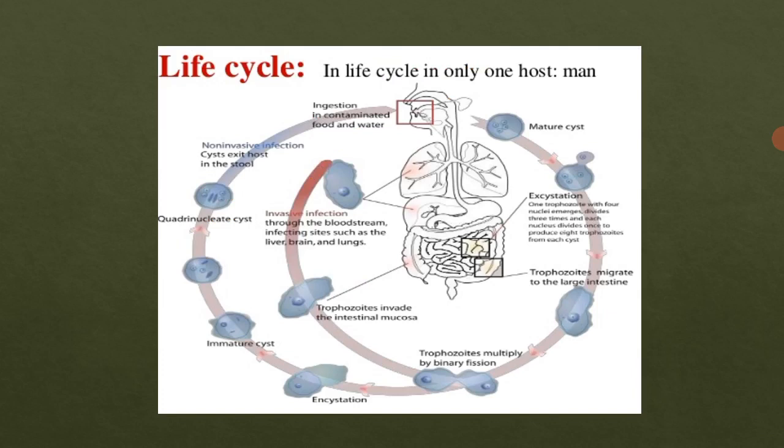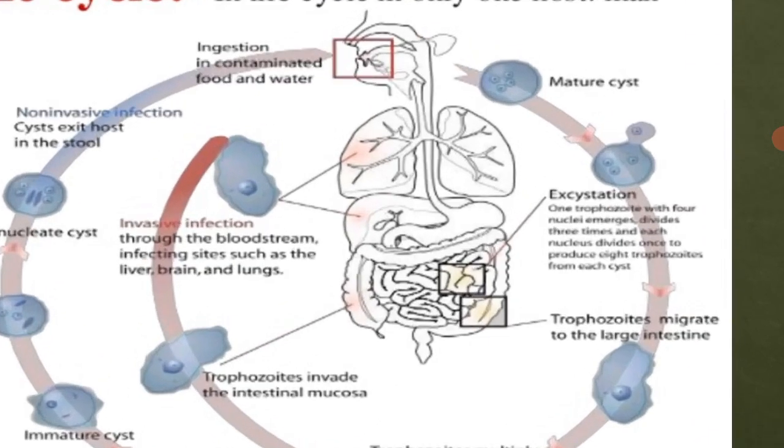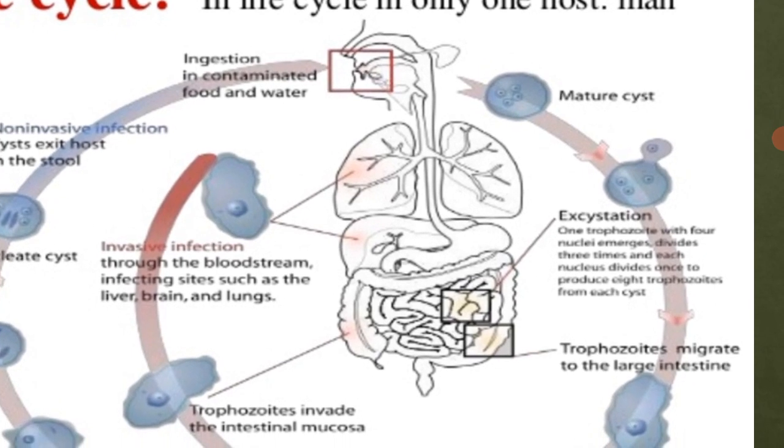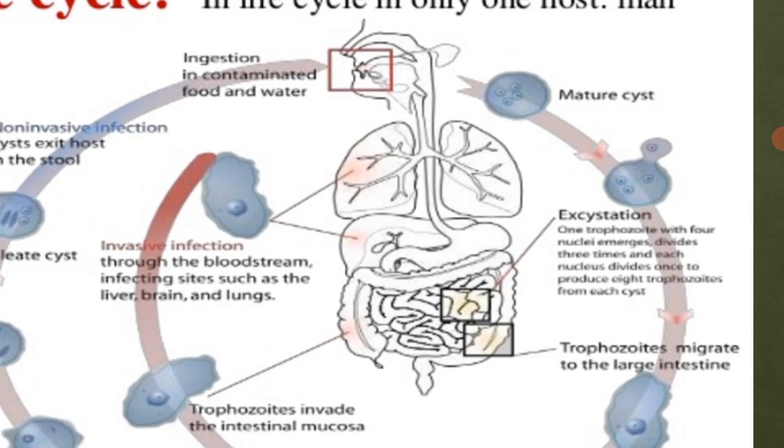Now you can see in this picture, the human consumes contaminated food or contaminated water. Then they enter the human as the mature cyst.